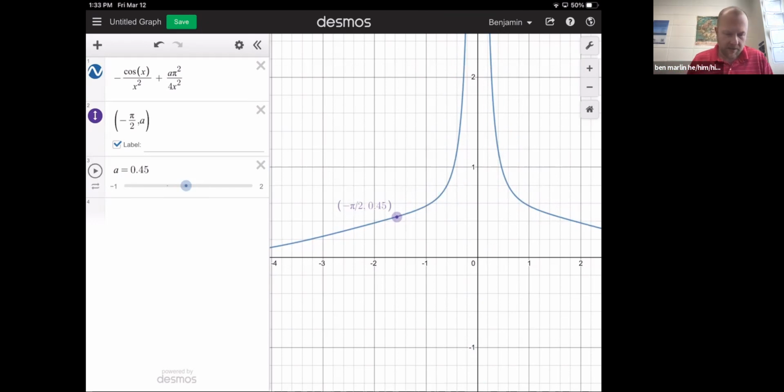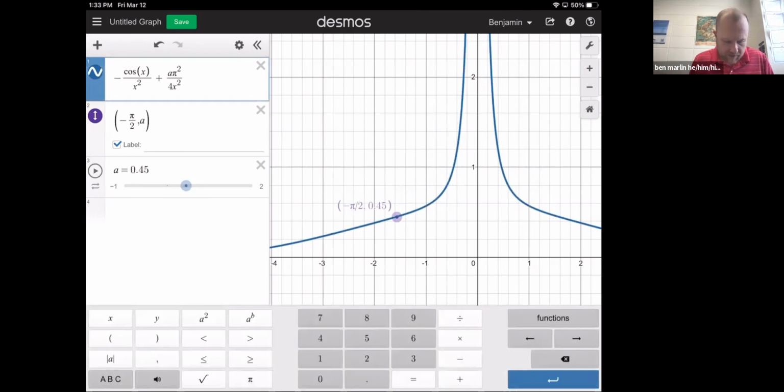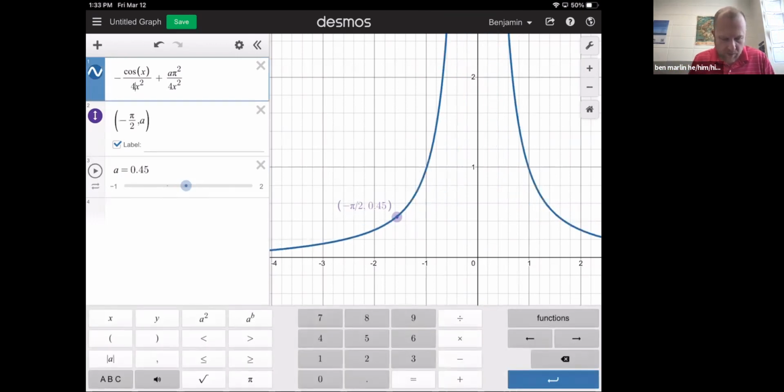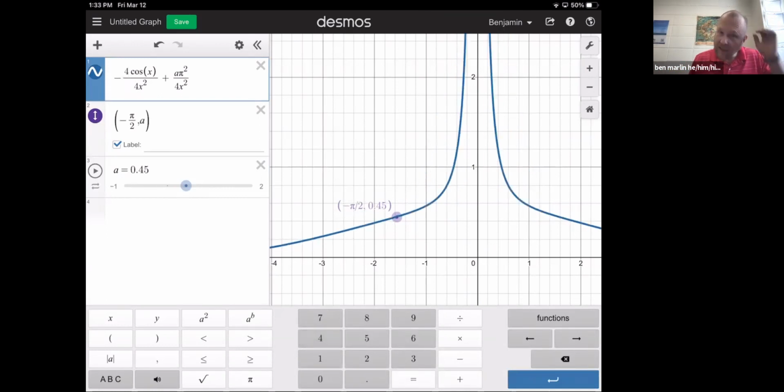So hopefully you might be curious as to why that's doing that. And the key thing to it is if we go ahead and mess with our function here so that we get least common denominators, see how now you would have, and I didn't change it, I just put the least common denominators in there. Now you would have 4 cosine x and the a pi squared.